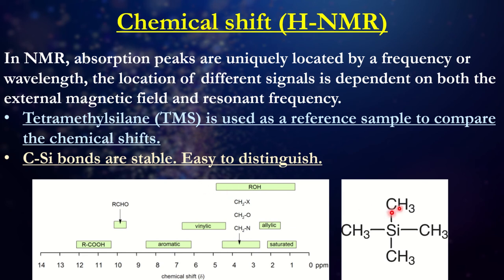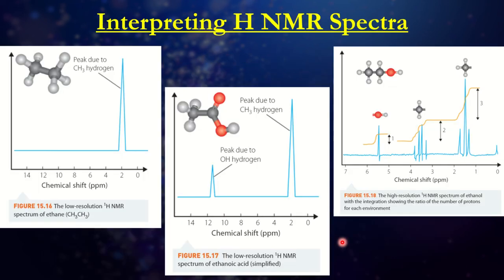Now, the reason why we use this structure is if you have a look, the carbons all belong to the same environment. So they all have the same bond, so we're only dealing with one carbon environment. The silicon carbon bond is also very stable, so it should give us some nice reference values. So that's why we use TMS for this analysis.